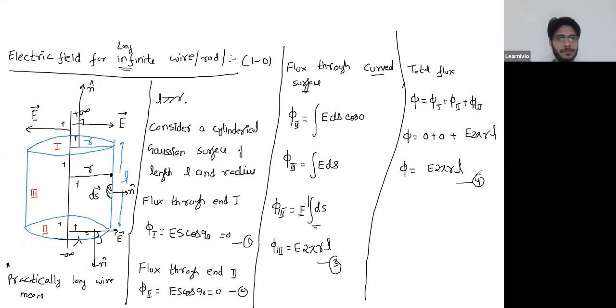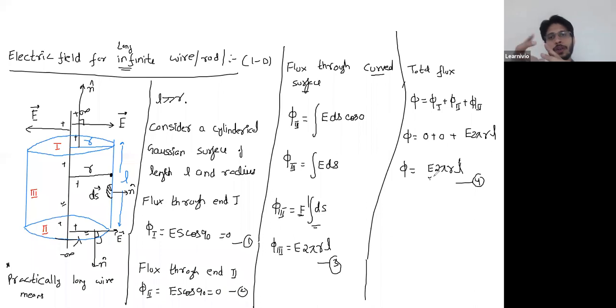Up to this, we are finding the electric field for the wire. But to calculate that field, you need flux, and you have to apply Gauss law. To apply Gauss law, you need a closed surface. That's why we are taking the cylinder. We are calculating the flux passing through the cylinder, and using that flux we can calculate the electric field. The concept of this derivation is that you can calculate flux through two methods: using the definition of electric field, and through Gauss law.